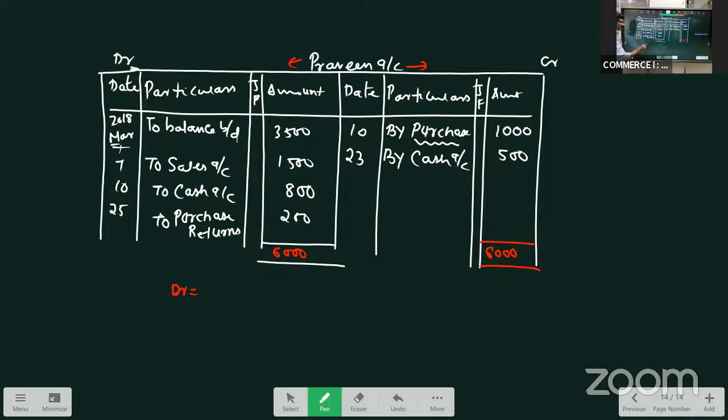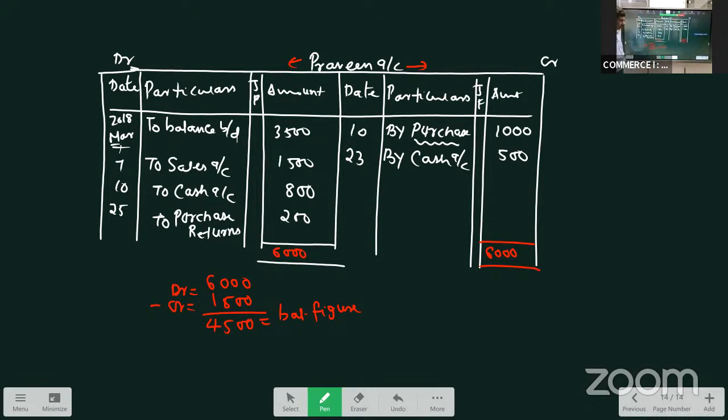Okay. So debit side we had 6,000. From this, deduct the credit amount. Credit amount are how much? 1,500. So what is the balancing figure? 4,500. This is the balancing figure. Remember guys, discount is always calculated on the balancing figure.